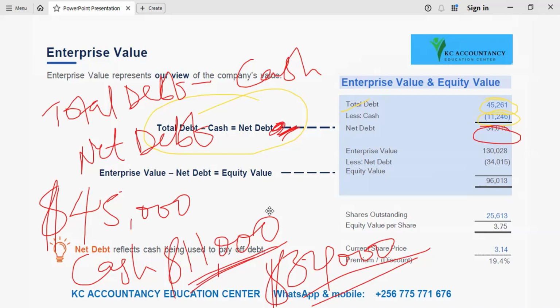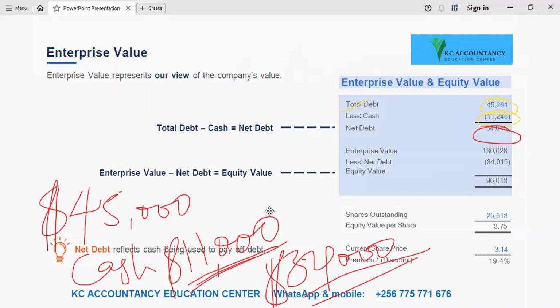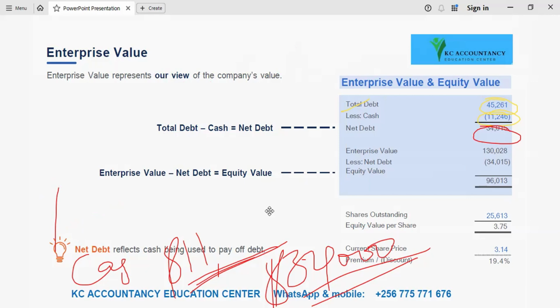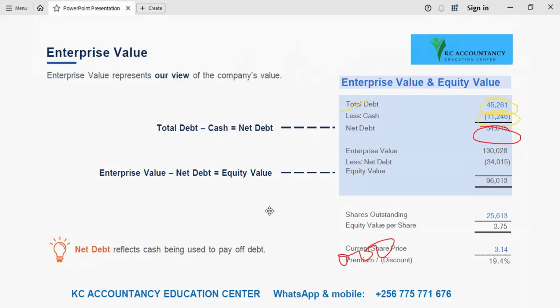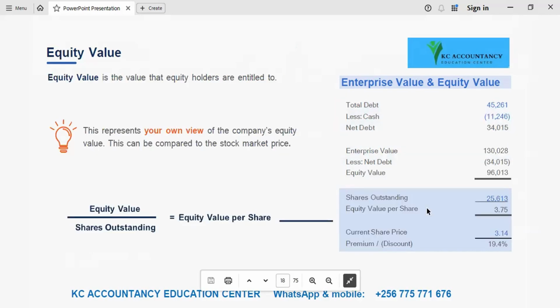Now, let's take some time and look at the equity value. We throw more light on the equity values to see what we can actually have from there. So now, equity value. We normally find this under public companies.